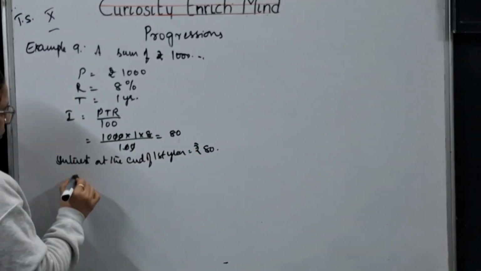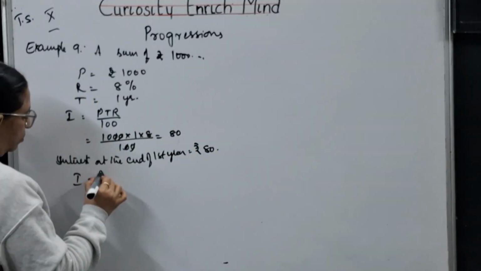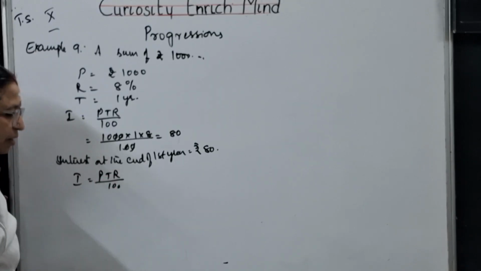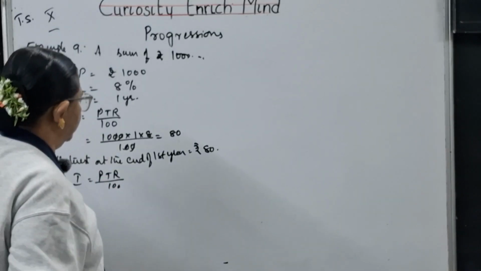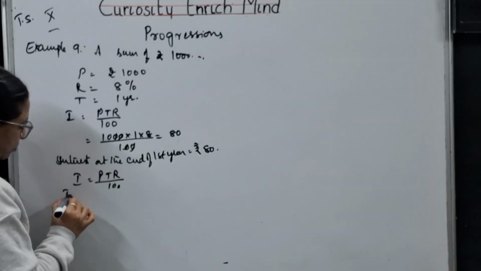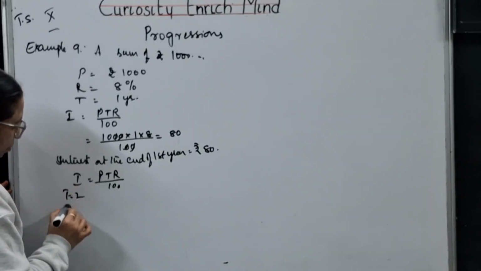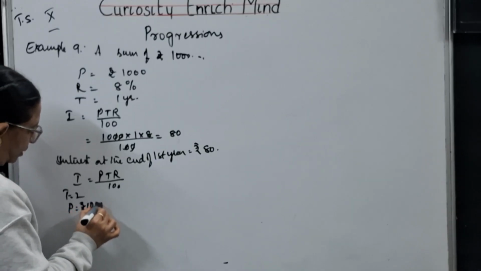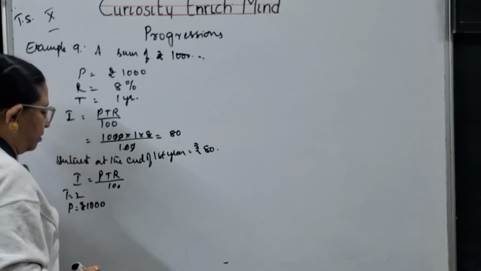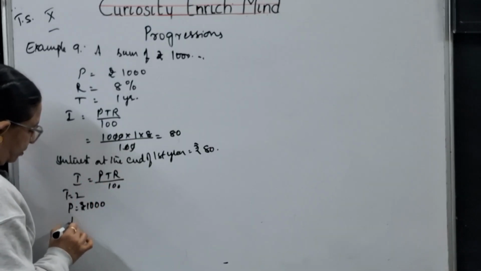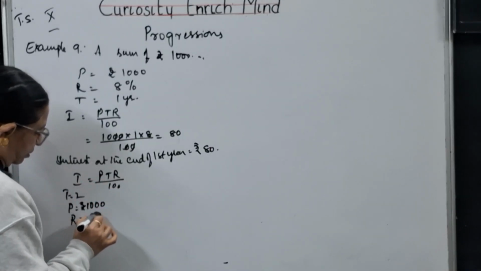Now again you take I is equal to PTR by 100. Now in this case, interest at the end of second year, here T becomes 2. P becomes 1000 only, same 1000. If it is compound interest, it is different. For simple interest, the same P will be used. R is 8%.